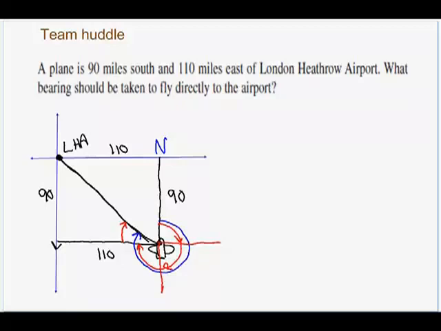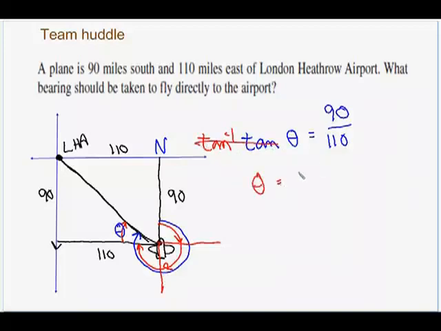So let's look at that triangle we're interested in. Here's our theta. Well, we have the opposite side and we have the adjacent side. Opposite and adjacent is tangent. So we know the tangent of that angle is equal to the opposite side over the adjacent side, 110. And of course, to solve for an angle, we're going to use tan inverse, so those will cancel.